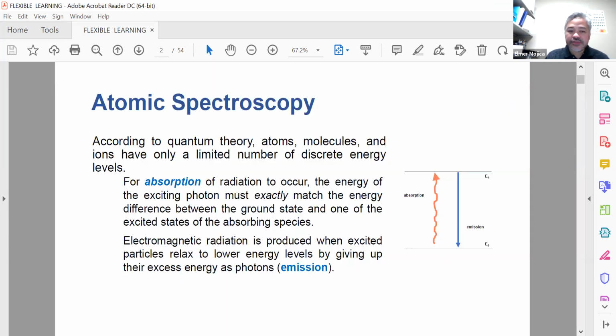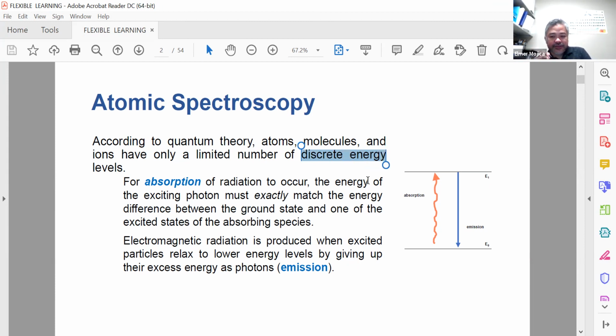So when we're talking about atomic spectroscopy, in quantum theory, atoms, molecules, and ions have only a limited number of discrete energy levels.